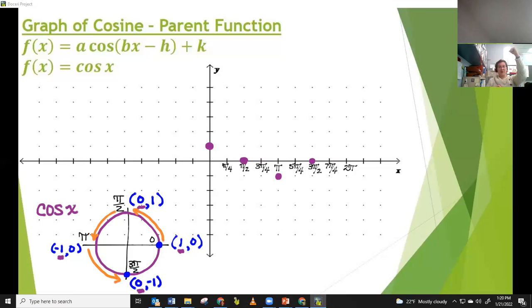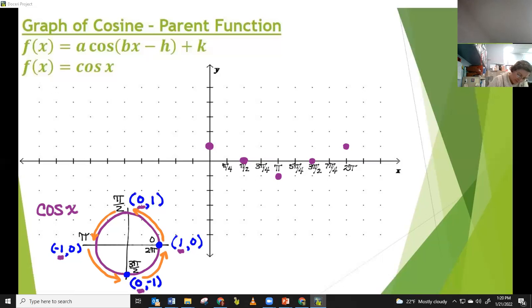As I travel around, we're going to go then down to the midline, then down to our minimum, back up to the midline. And when I get all the way back around to 2 pi, I'm going to plot my last point where? Up at 1. There we go.